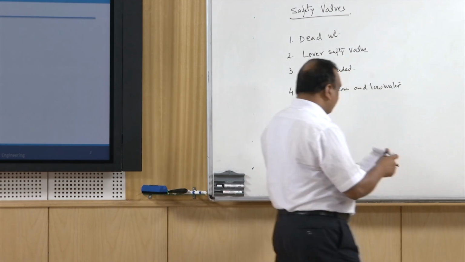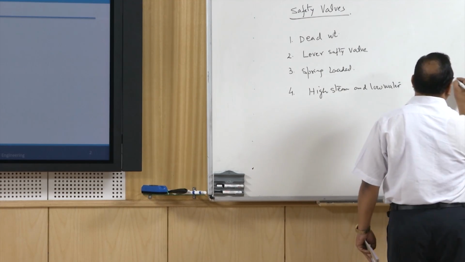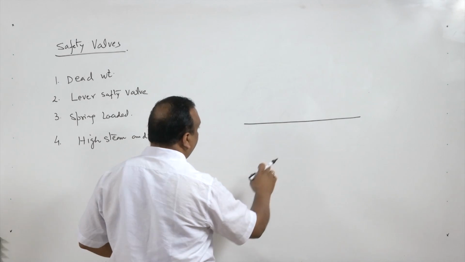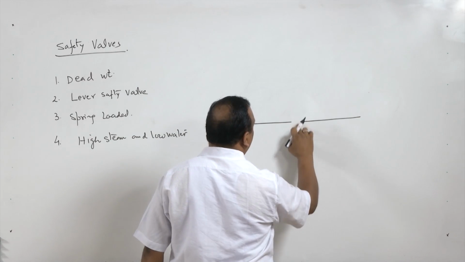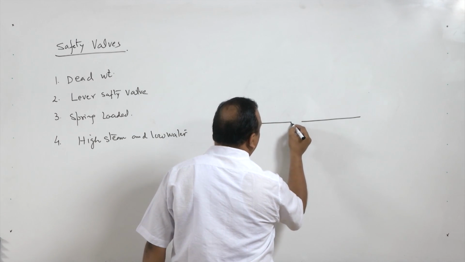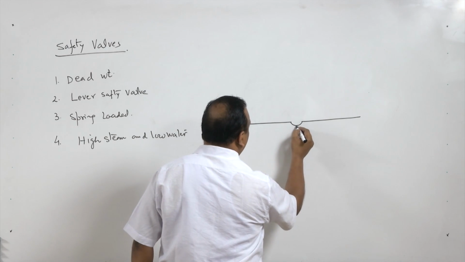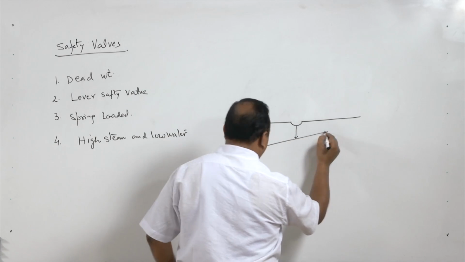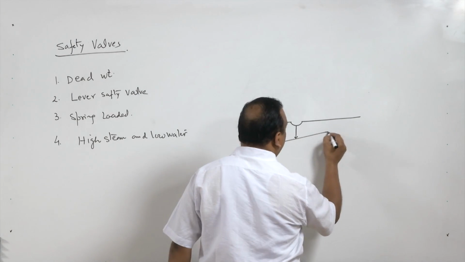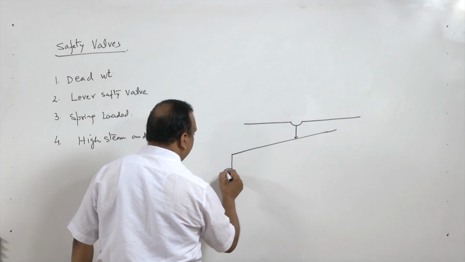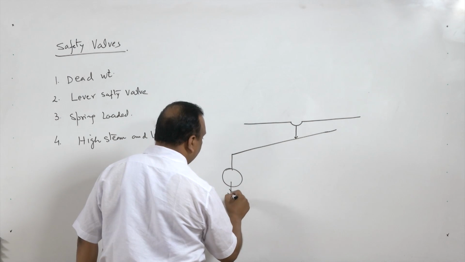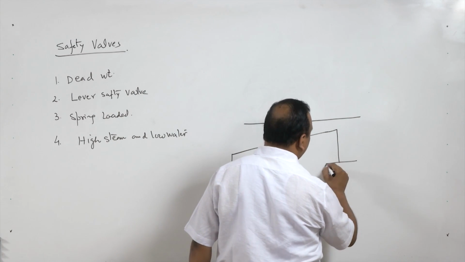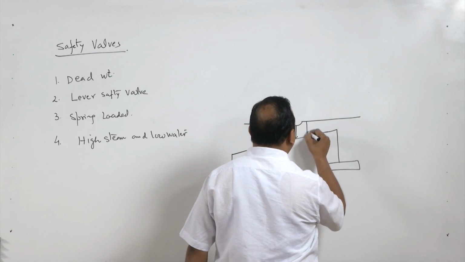So, in this type of valve, there is a boiler shell, the wall of the boiler shell, and there is an opening. This is a semi-circular disc, it is exerting force on a lever, there is a lever again, this is the counterweight W, here there is a float and it is hinged here.